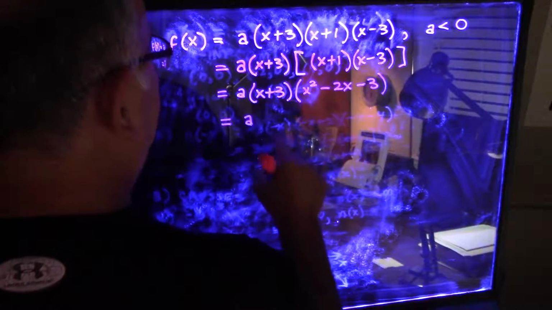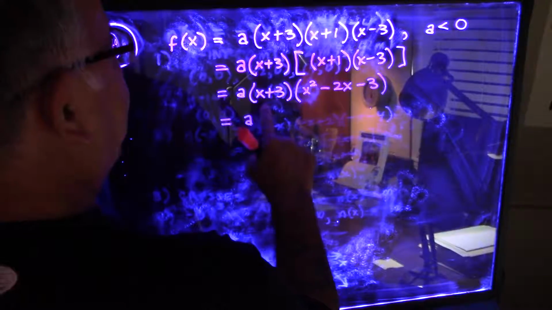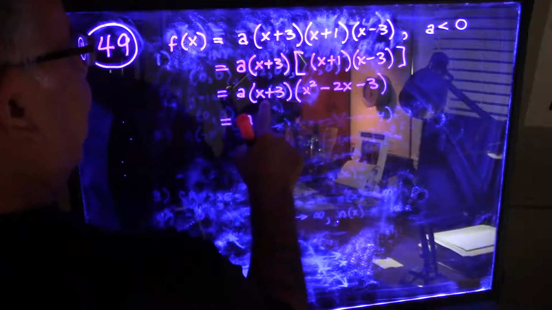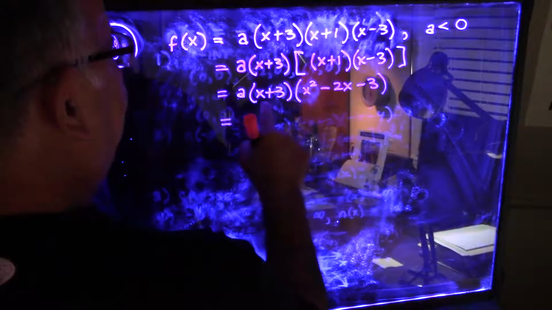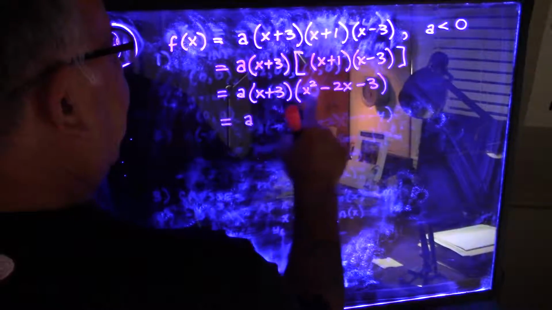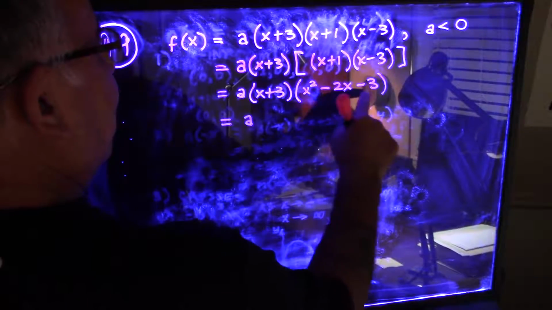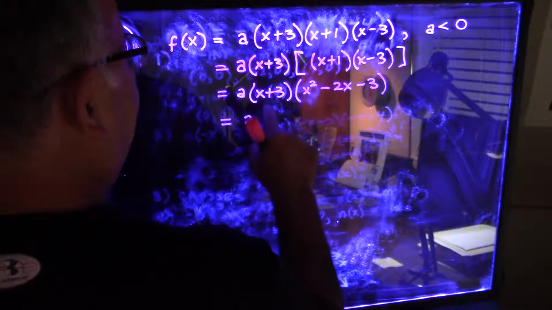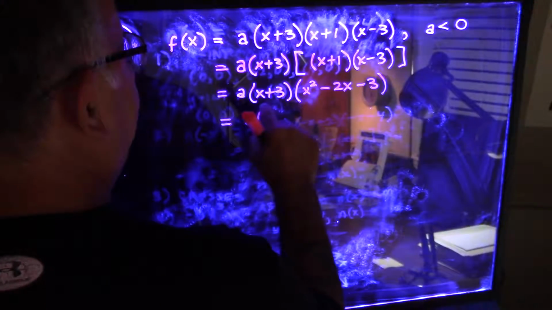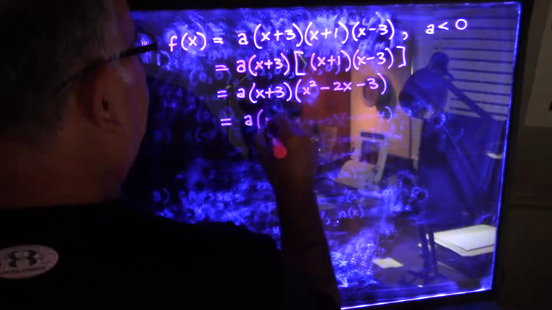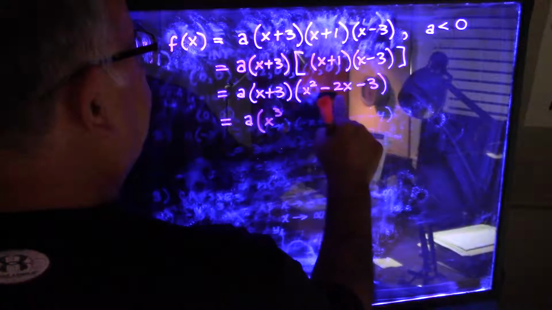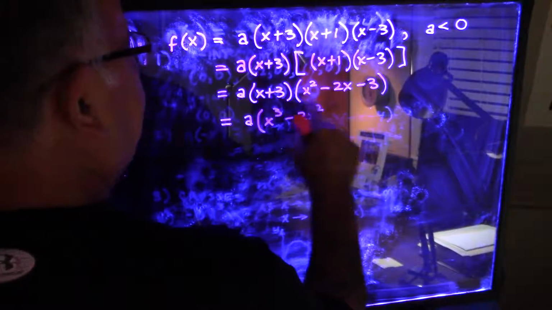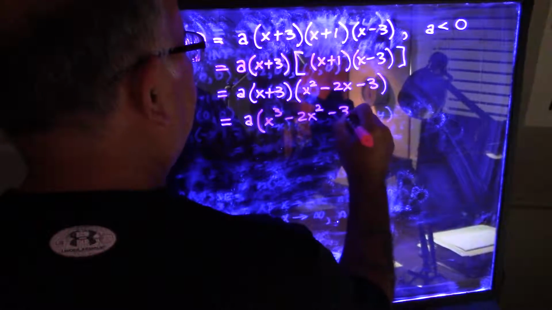And then we multiply x plus 3 times this. So you really can't use the FOIL method on this because this is a trinomial. So you multiply the x times each term in there, and then you multiply the 3 times each term in there. So x times x squared is x cubed. x times negative 2x is negative 2x squared. x times negative 3 is negative 3x.